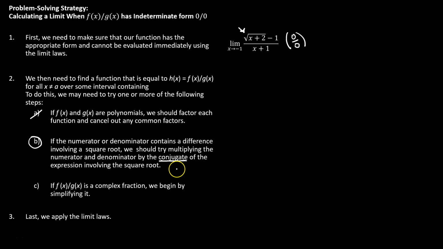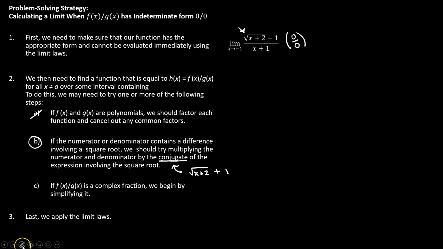If it was subtraction, change it to addition. So the terms that we're going to conjugate are the ones that involve the radical and the difference. So for us, our conjugate is the radical x plus 2 plus 1.